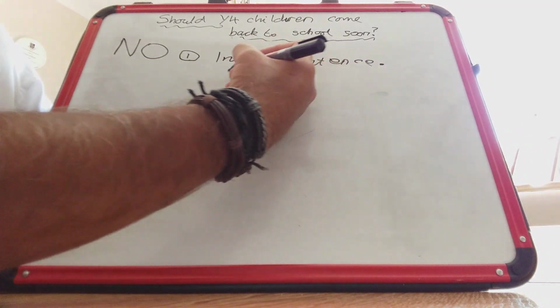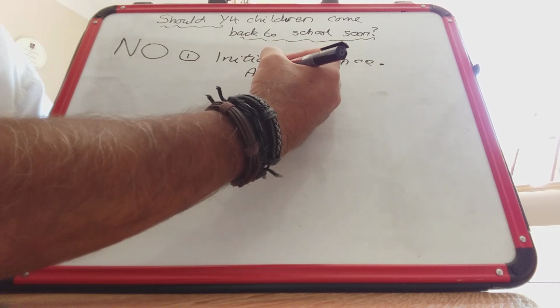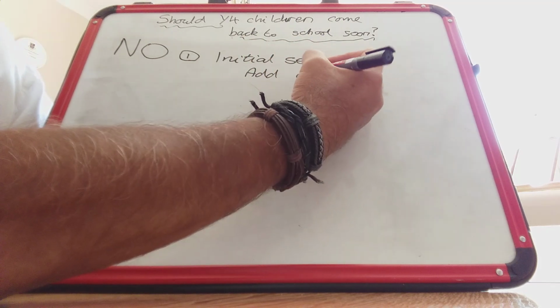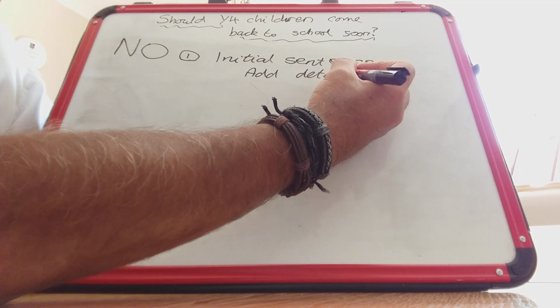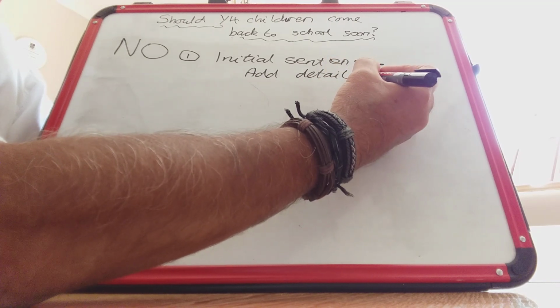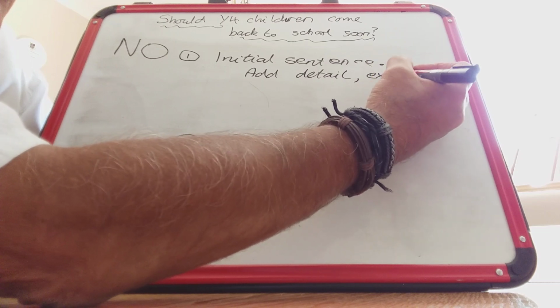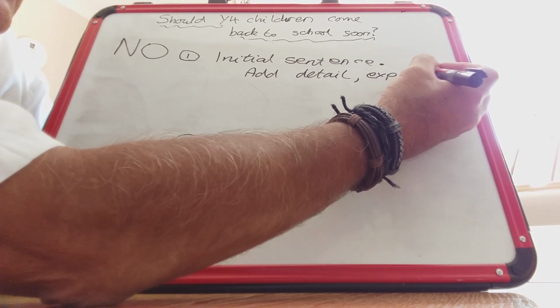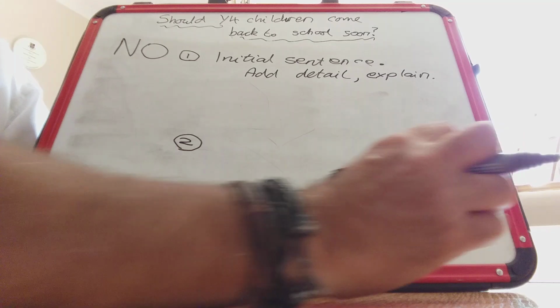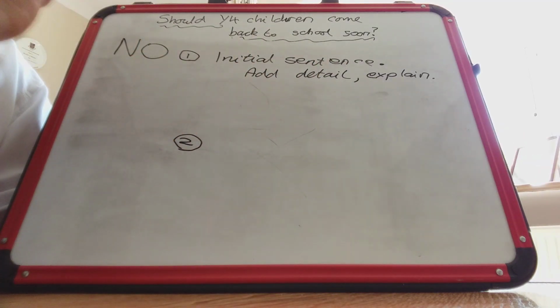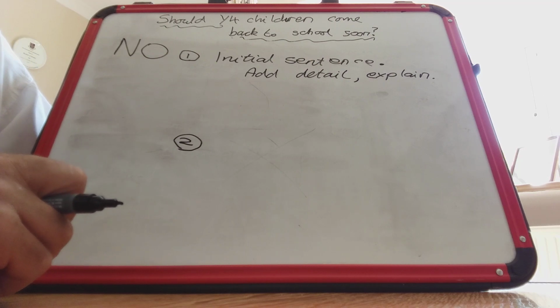After that sentence, we are going to add some detail. And this detail will explain what the first sentence was about. So we're not just saying no because, we're saying this is the actual reason why. So this is adding detail.